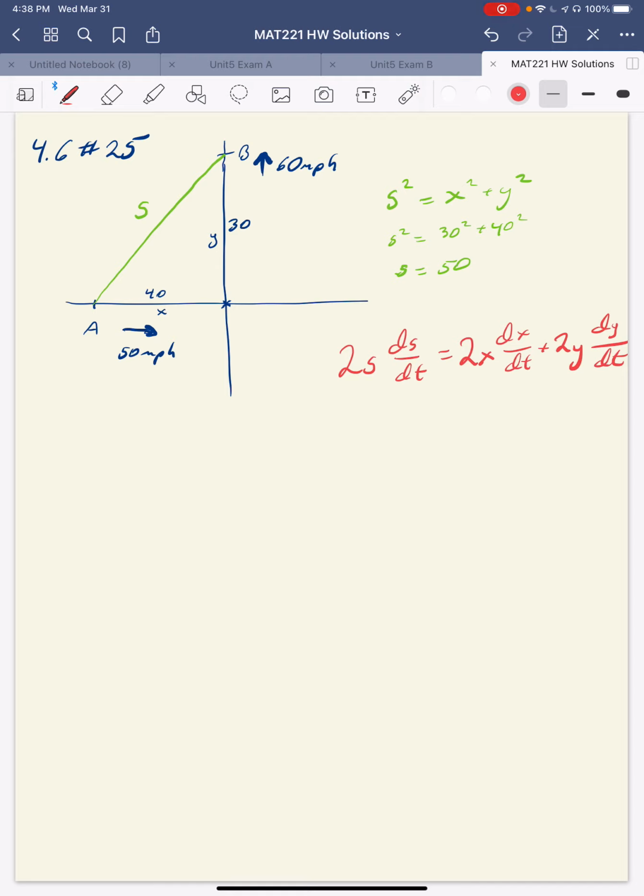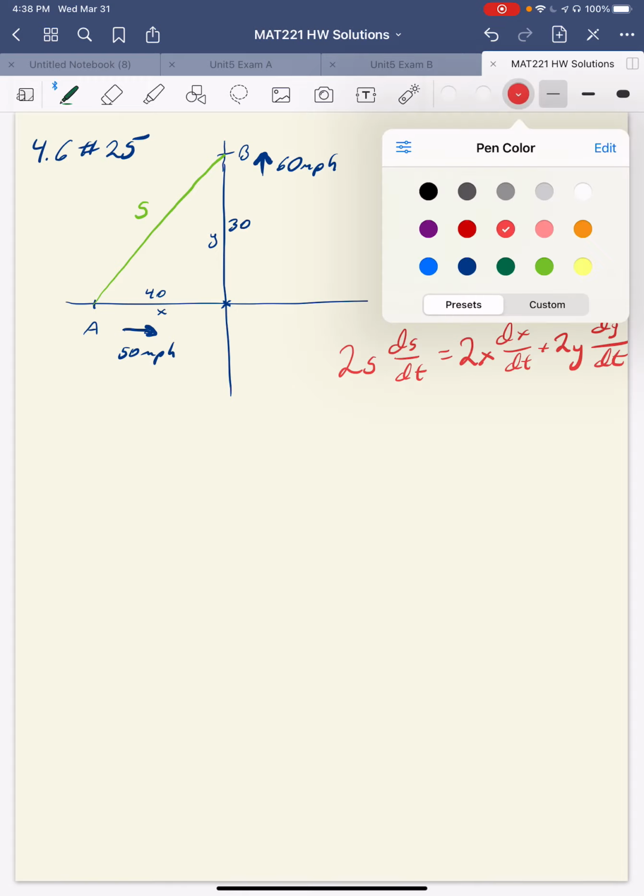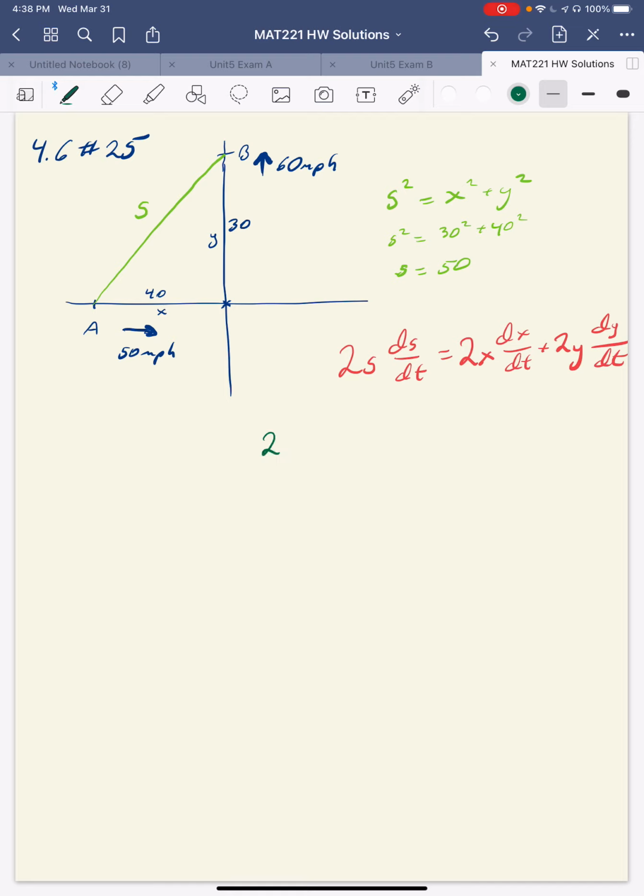Now I just need to plug in some values and find out what ds/dt is, because ds/dt is what I'm looking for, and I know everything else. So I'll have 2 times S, which we just found out is 50. So 2 times 50 ds/dt is equal to 2, and x is 40.